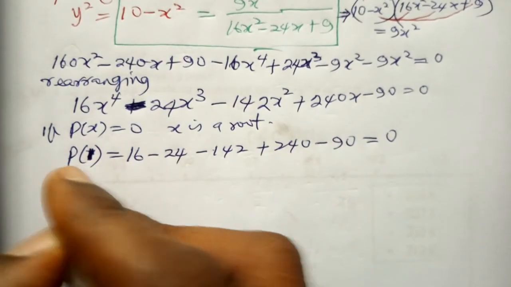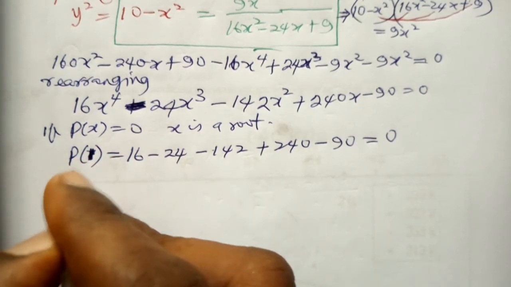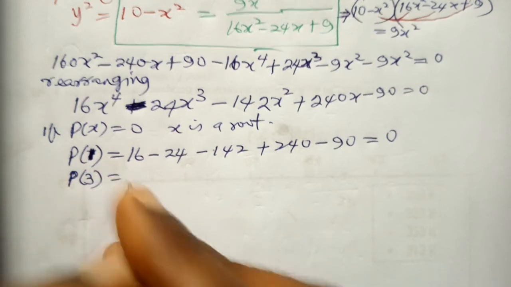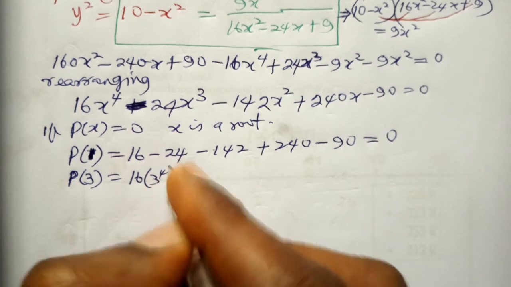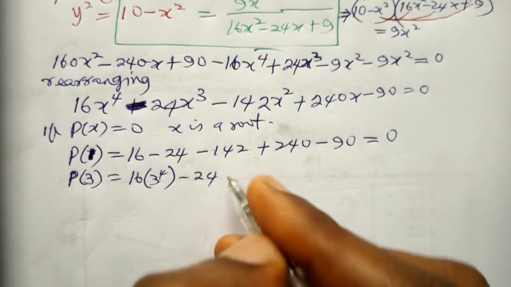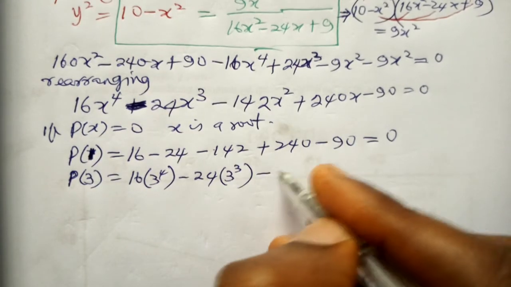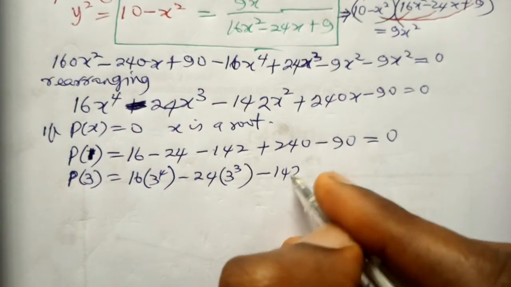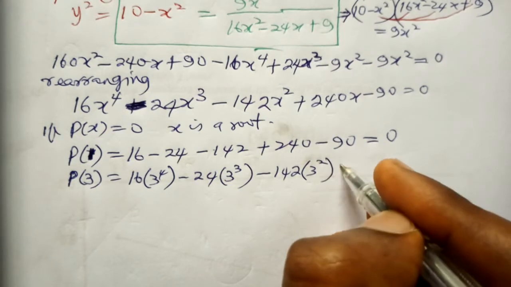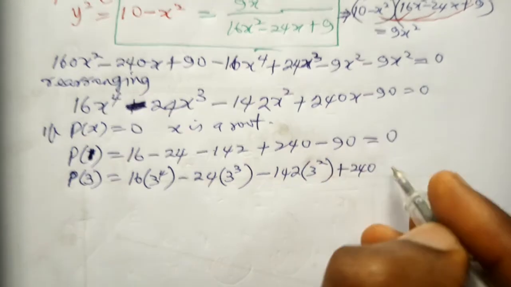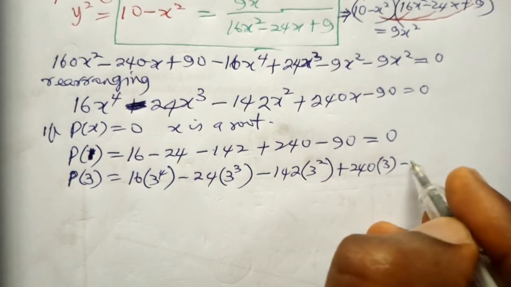If we put minus 1, you will see that it's not a root. So let's use 3 also. If you put 3, we'll have 16 times 3 raised to the power 4, minus 24 times 3 raised to the power 3, minus 142 times 3 raised to the power 2, plus 240 times 3, then minus 90.